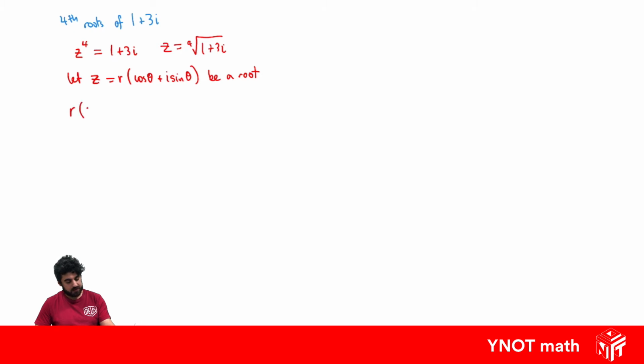So we get r outside of cos theta plus i sine theta, all to the power of 4 equals 1 plus 3i. Let's go ahead and use de Moivre's theorem. So we're going to get r to the 4 outside of cos 4 theta plus i sine 4 theta equaling 1 plus 3i.